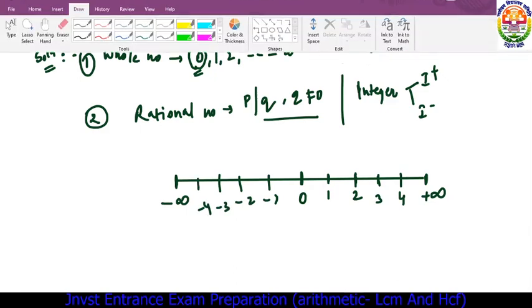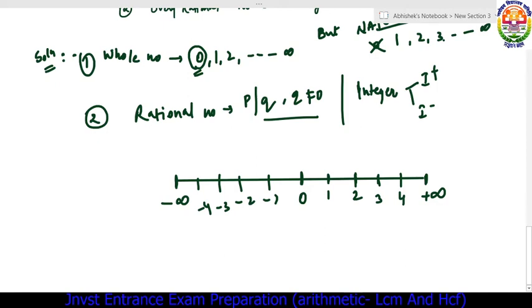But I do not write here 1 by 2 or 3 by 4. If any number is written in the form of a fraction, a fraction is not an integer.